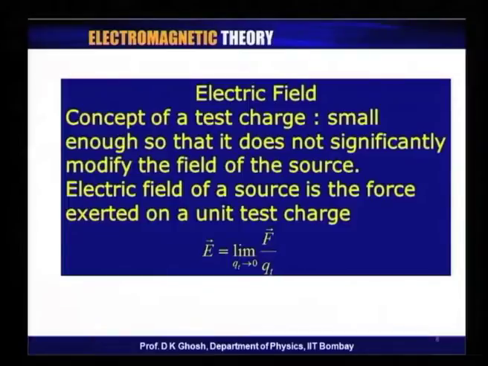Now, this is something which we have discussed earlier, and the field that is associated with a charged object is a vector field. In this case, we are talking about an electric field. In order to fix our ideas about what an electric field is, consider a small, minute charge. I will call it a test charge.